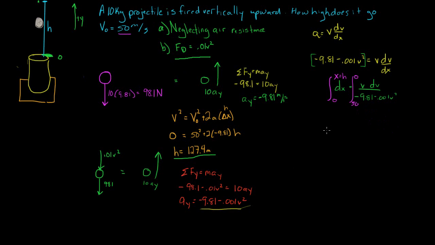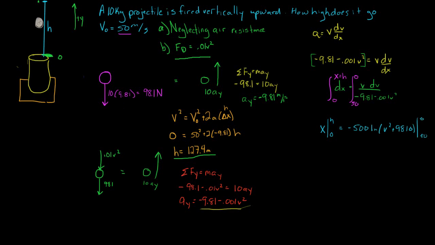we get x evaluated from 0 to h is equal to minus 500 times the natural log of v squared plus 9,810, evaluated from 50 to 0.